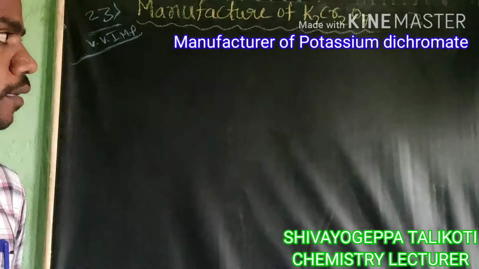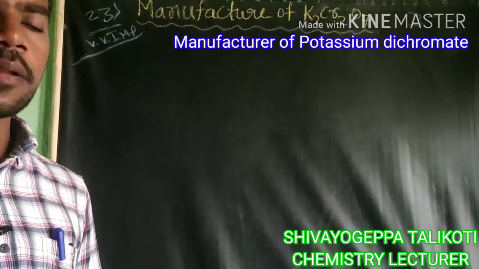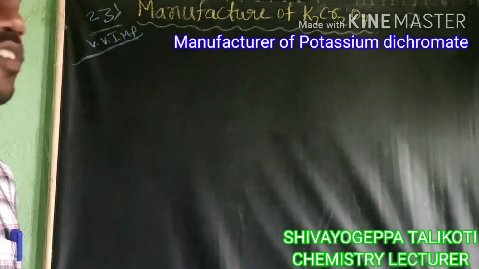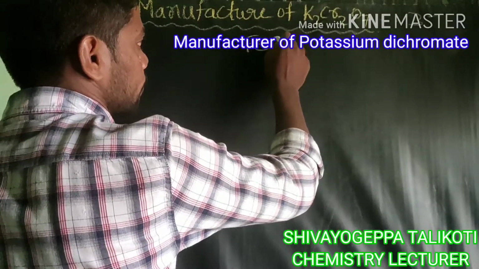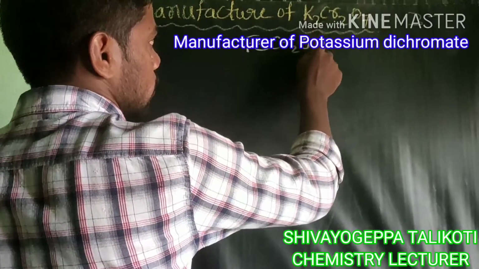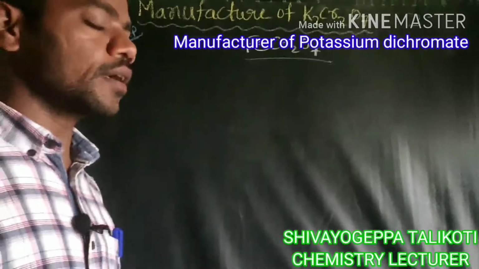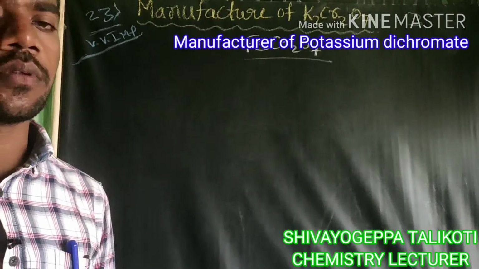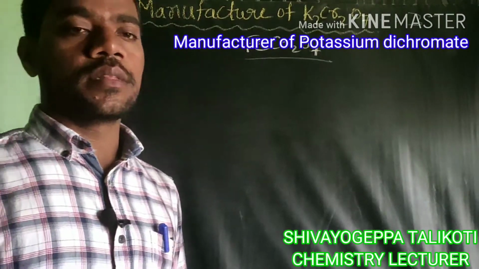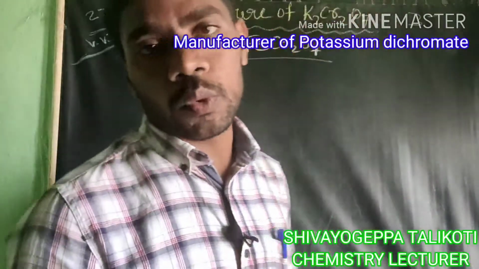K2Cr2O7 is prepared from a basic ore, the first fundamental ore, iron chromate, which is used for the preparation of K2Cr2O7.